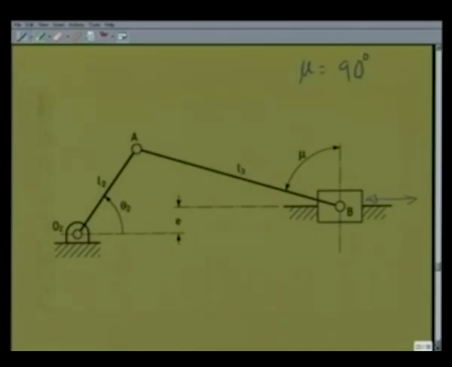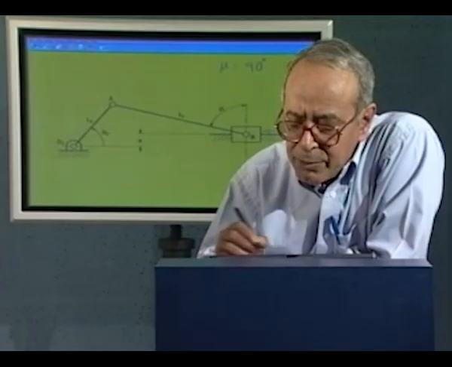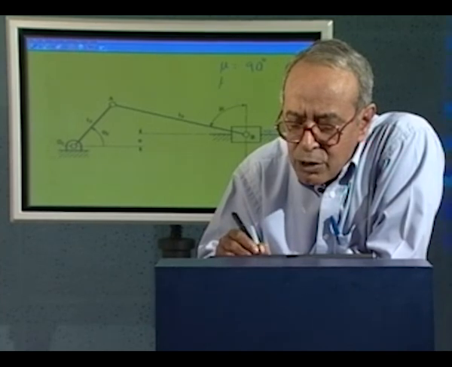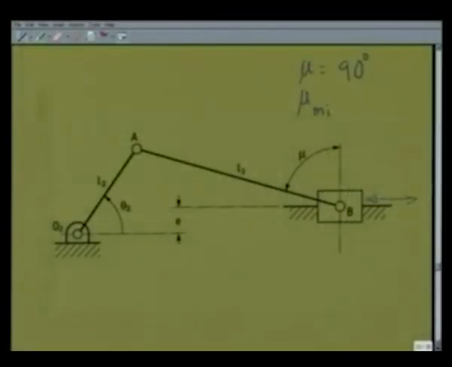but to ensure smooth free running of the mechanism, mu min, minimum value of mu, should not fall below, say, around 30 degree. Now, we can find out for what value of the crank angle, that is theta 2, the minimum transmission angle occurs.